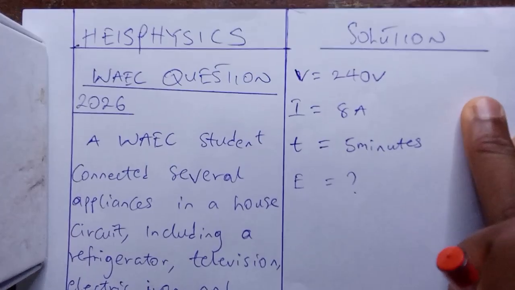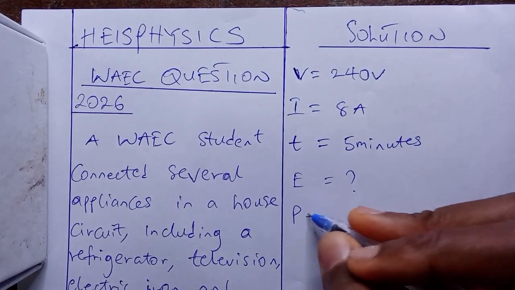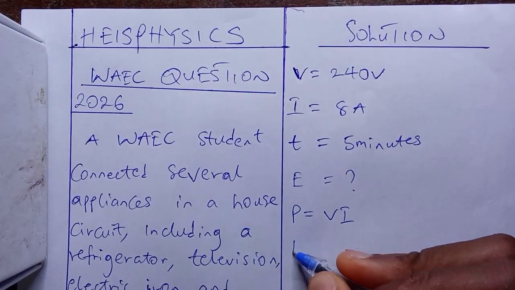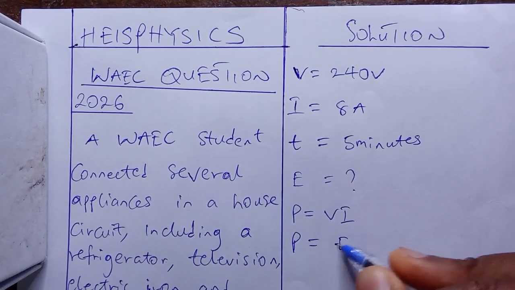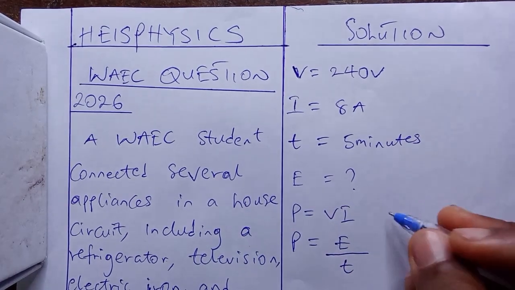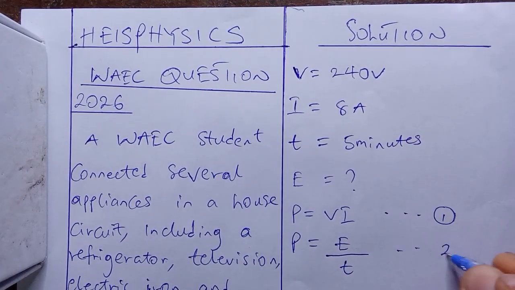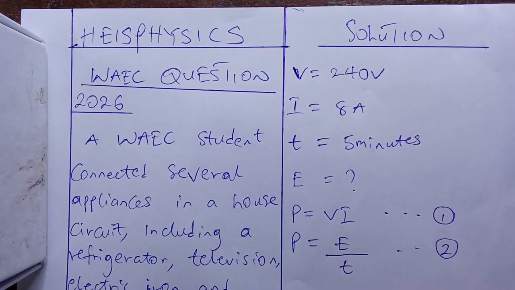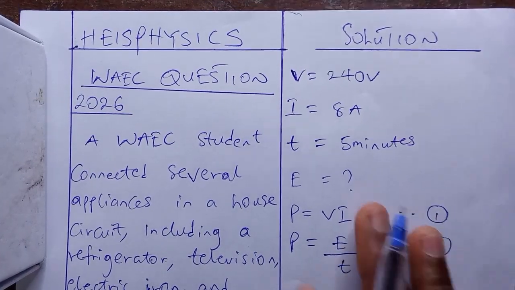So now we know that the formula for power, P, equals VI, right? And power is also energy over time. Let's call these equation 1 and equation 2. If you relate these two, you can say that energy equals PT, which is power times time.